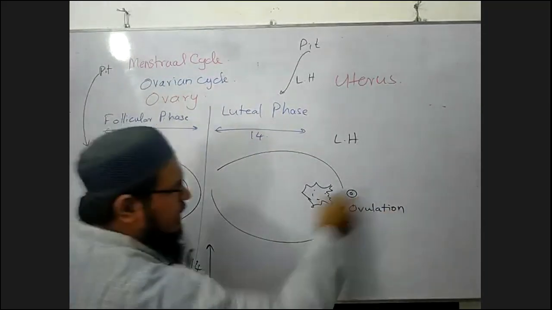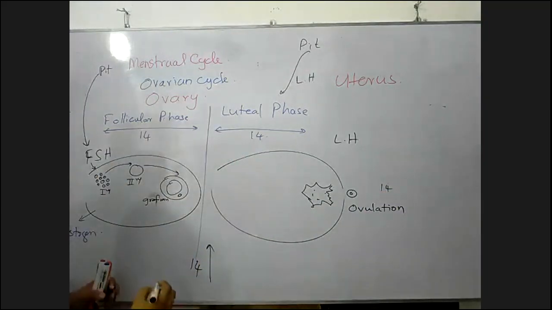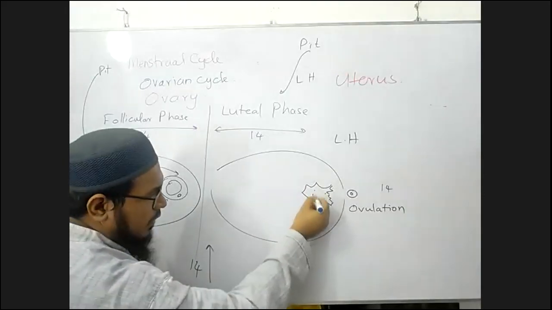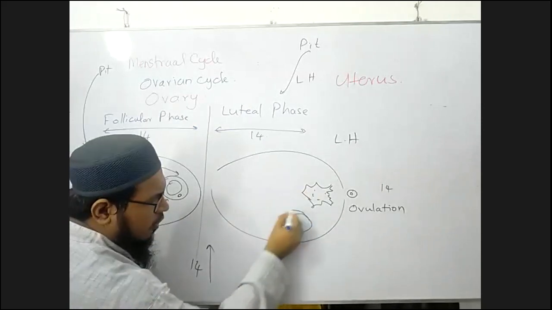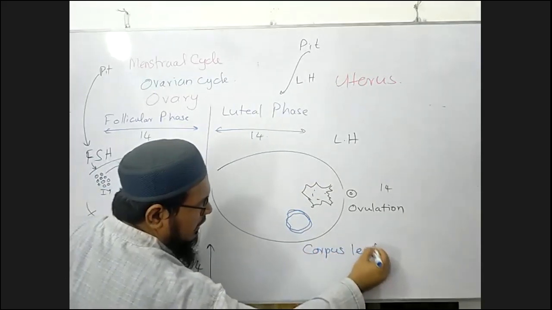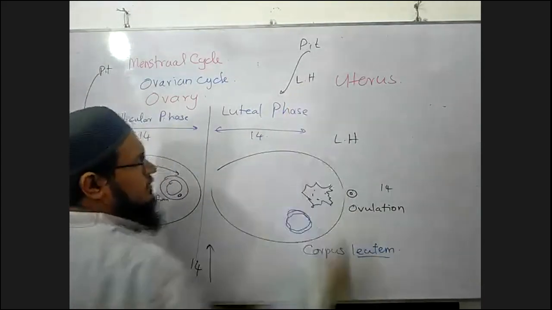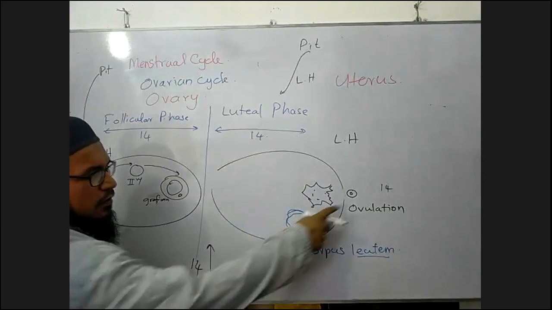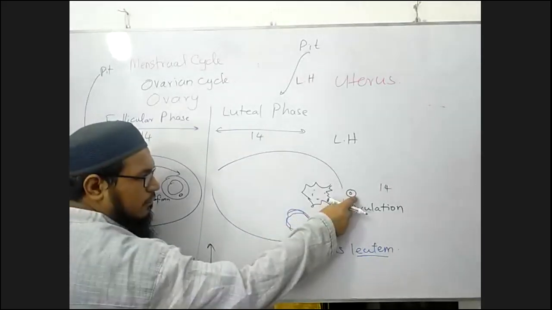Then from this 14th day to the next 28 days, what is happening? The remaining part of the Graafian follicle will form one structure, the corpus luteum. That's why we call this the luteal phase. Then for a few days the corpus luteum will be there. Its story depends on the ova.